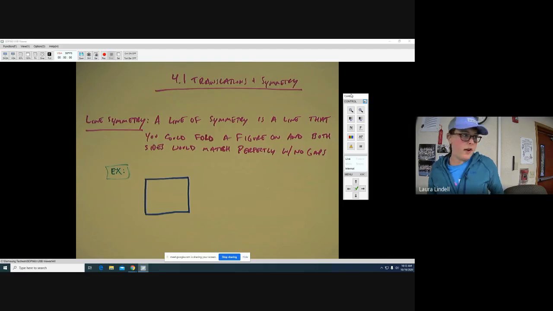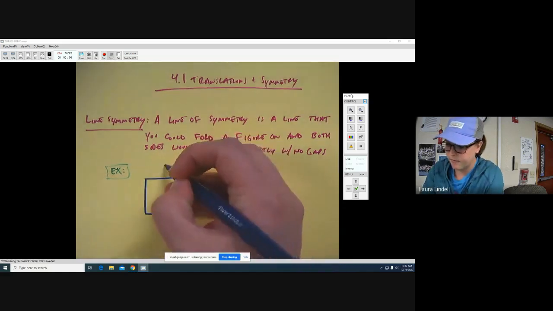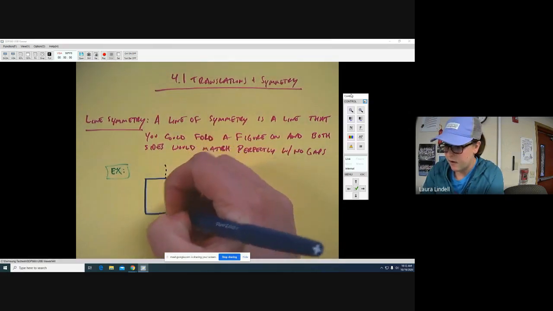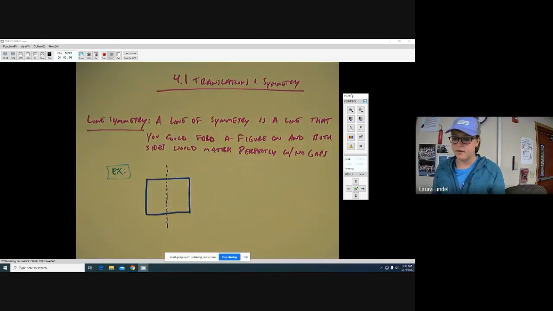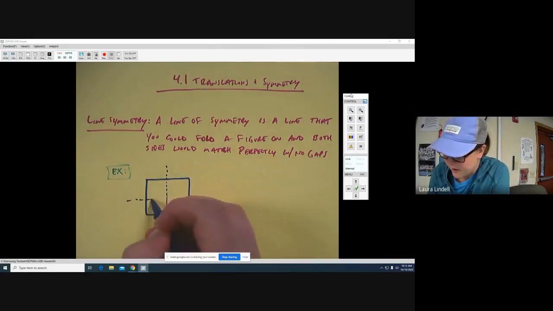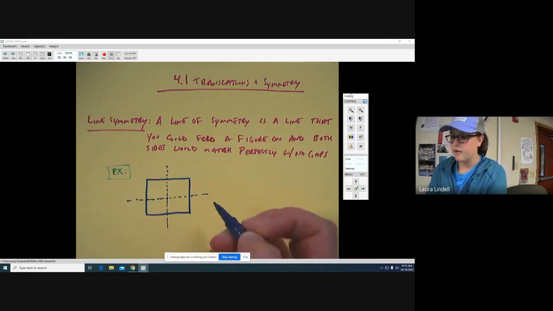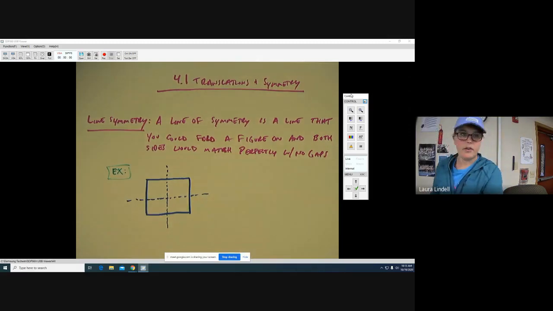All right, so if I have a square and I'm thinking of how many lines of symmetry we have here, well, I could fold my square along this, right? If I cut it in half like that, I could fold it up and it would match perfectly on both sides. And we could do the same thing going the other direction. Are there any other lines that I could fold a square on and have it match up perfectly? What do we think?